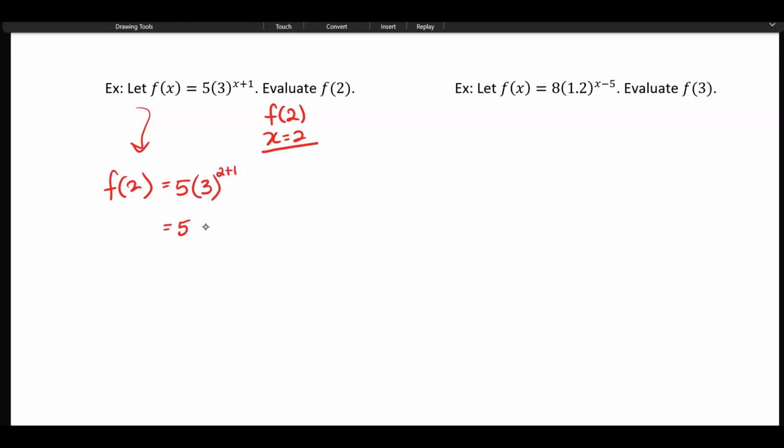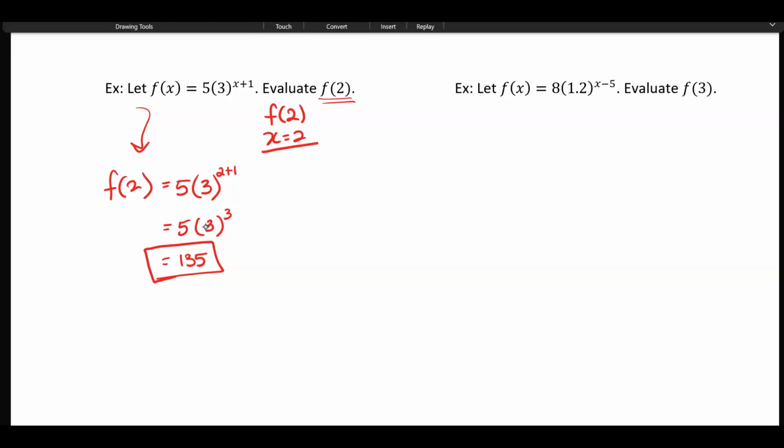So when we plug this in, we're really doing 3 to the third power. So we're going to evaluate the exponent first and then multiply by 5. If you put that into your handy dandy calculator, you should see that this will equal 135. So remember, all this means is we are saying what does a function equal when x equals 2.